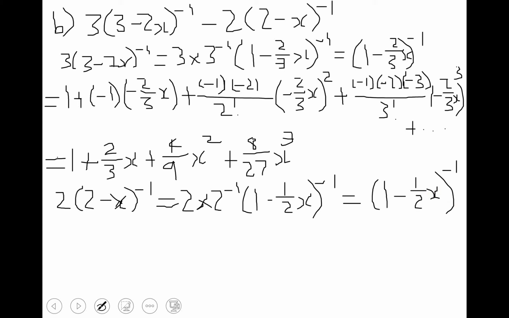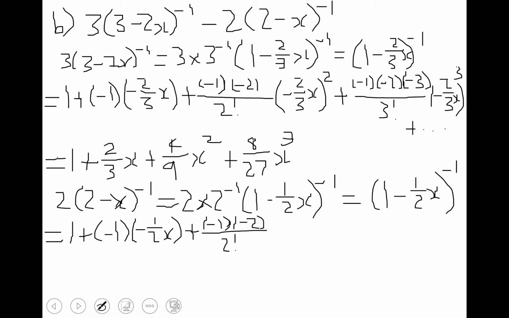Expanding using the formula. So 1 plus nx, our n is minus 1, our x is minus half x, plus n times (n minus 1), so minus 1 times minus 2. Coefficients in front of the brackets will be the same as the last part.